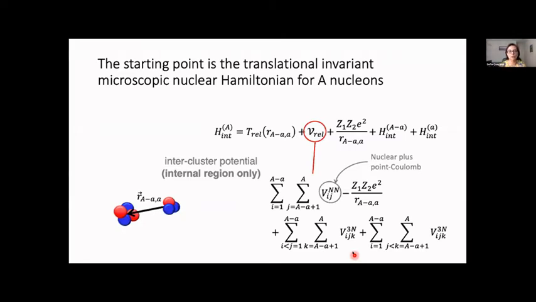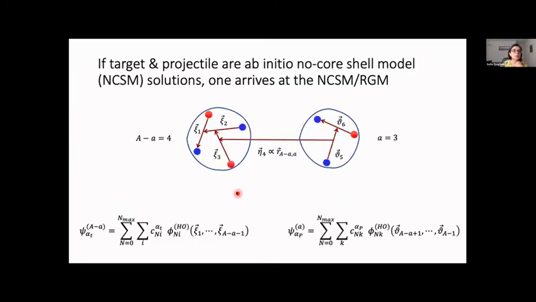In particular, if this interaction contains the point Coulomb interaction, the subtraction of the average Coulomb renders it a localized potential as well.